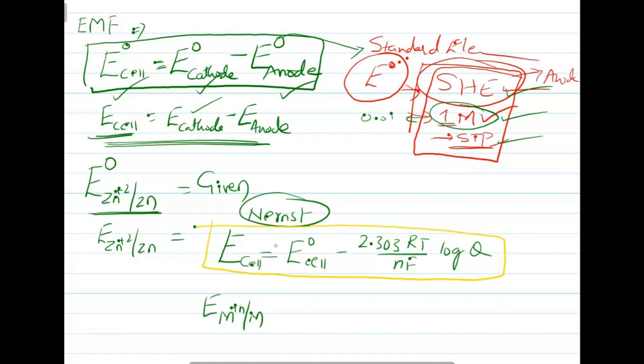The use of the Nernst equation, as I said very clearly, is that when standard electrode potentials are given, to calculate the electrode potentials at any concentration, you should use this equation.